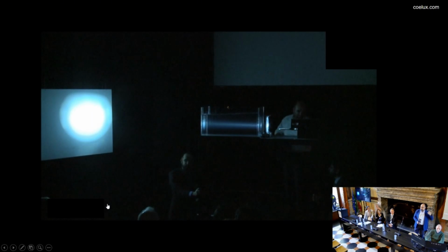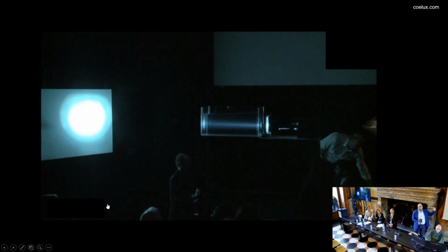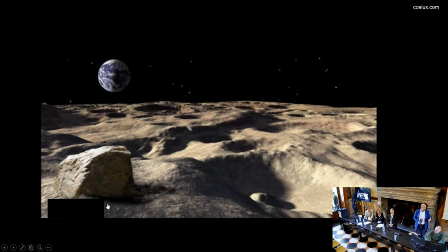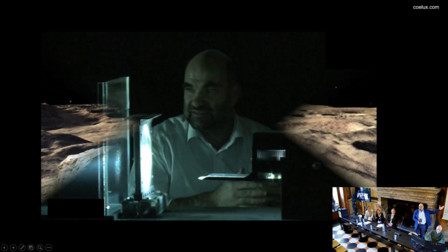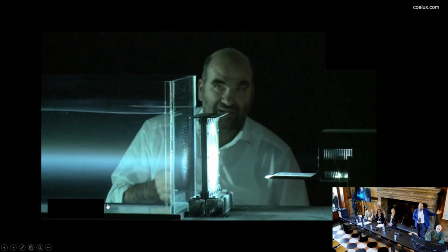If you look at the medium, you see the light because it gets diffused by the medium. On the moon there is no medium, so no scattering, and you cannot see the light.